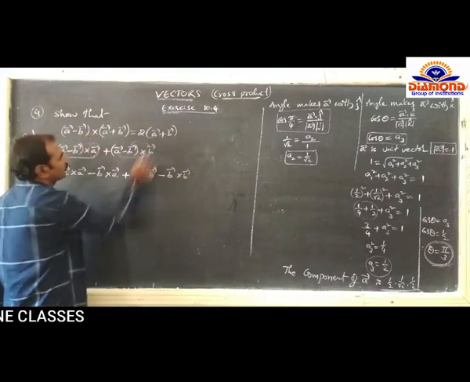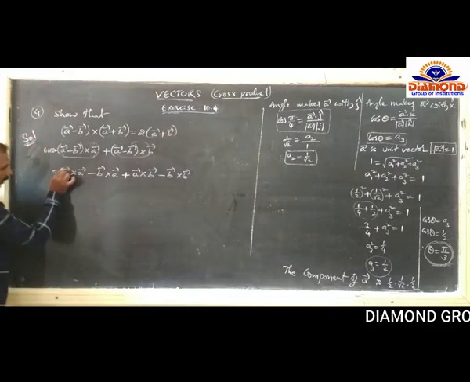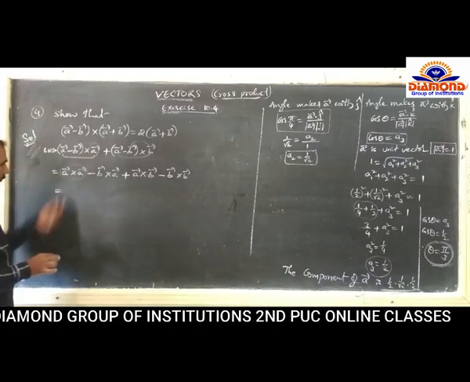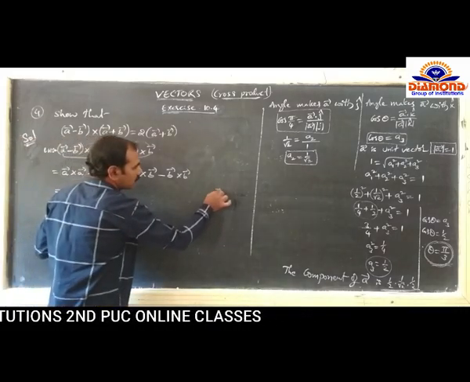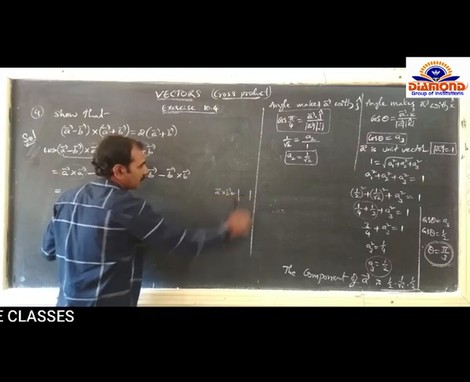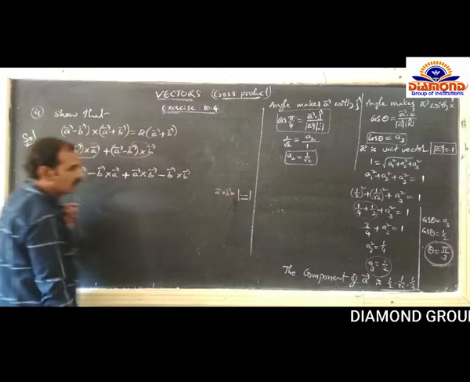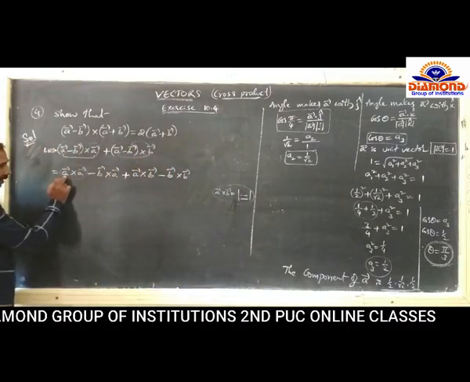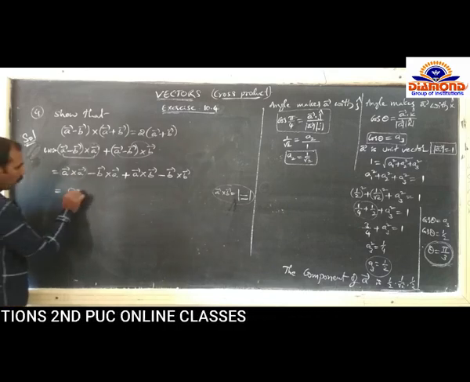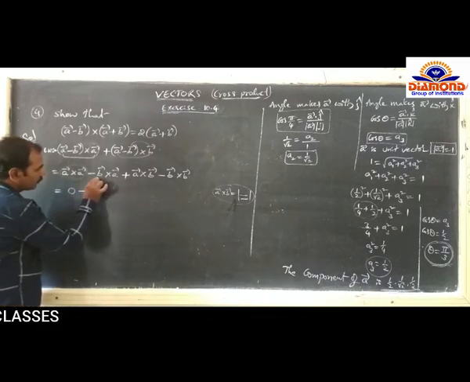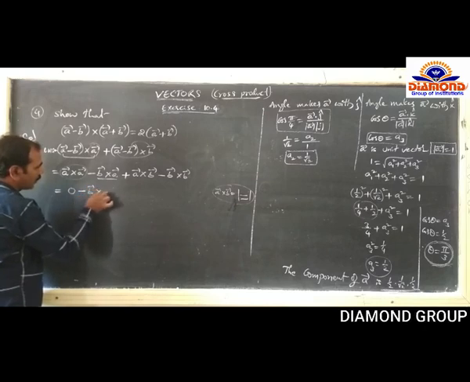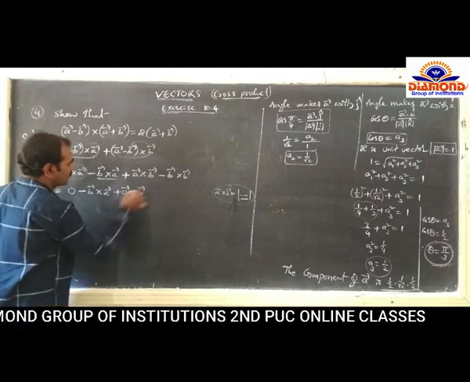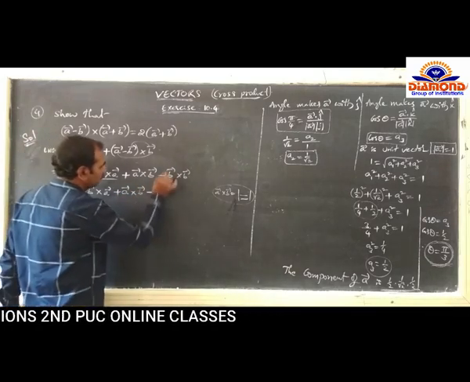A bar cross a bar value is 0, because in a cross b, which is a determinant, if two rows are equal then the determinant value is 0. So a bar cross a bar is 0, and likewise b bar cross b bar is 0.